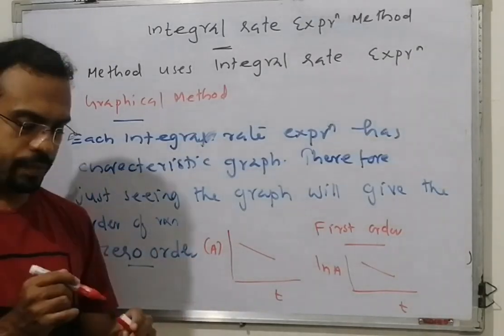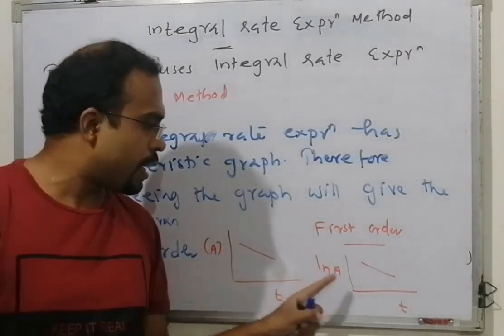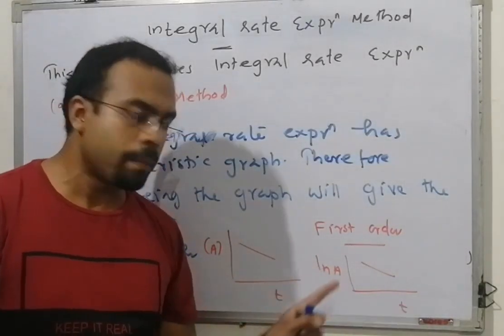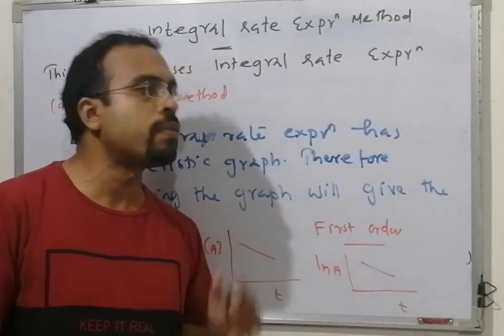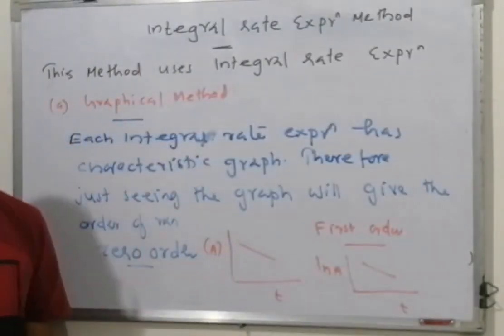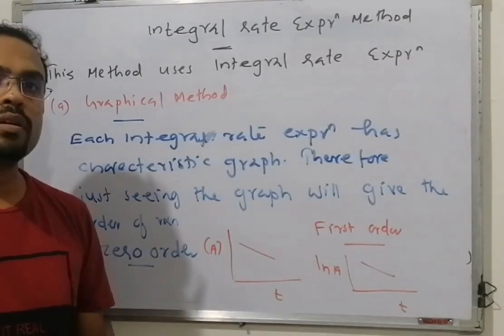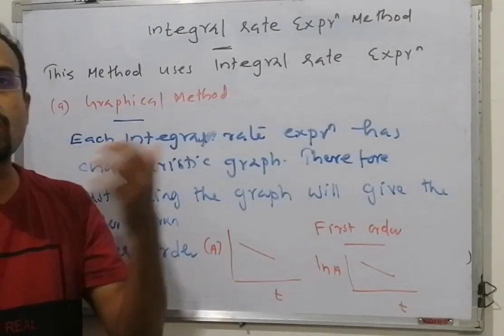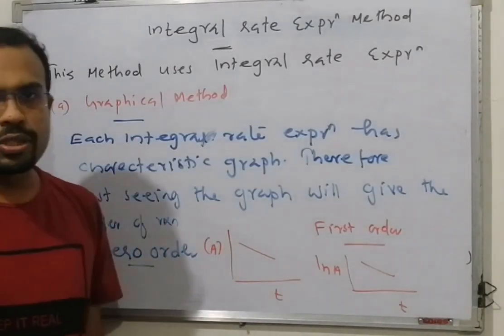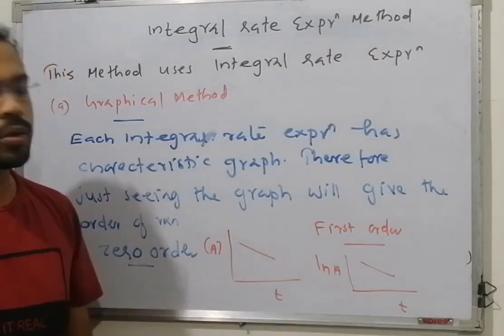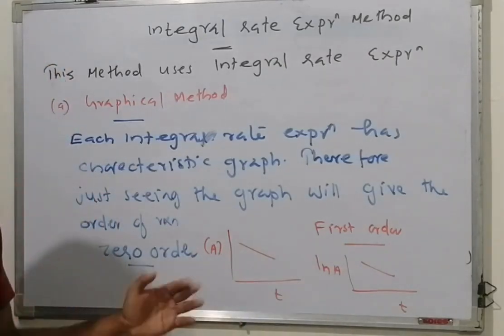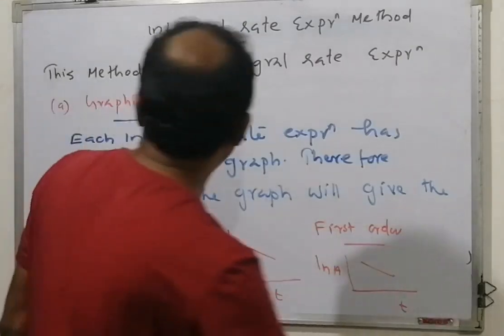This is zero order. For first order, the y-axis is ln A and the x-axis is t. You have a graph with a negative slope like this. It is a first order graph. Second order is a different graph. I suggest you revise the graphical expressions of the various orders which have been discussed in previous videos. Okay.